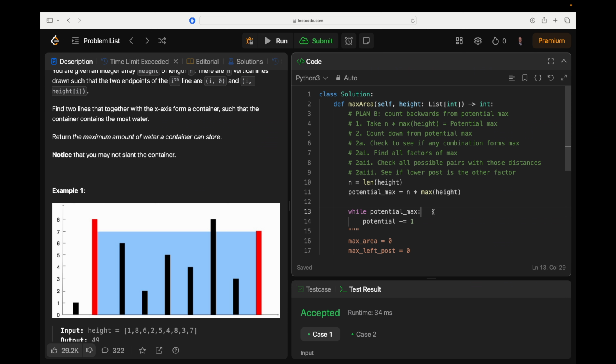We're going to count down the possible distances in this operation, because only so many numbers can multiply to be that possible max.